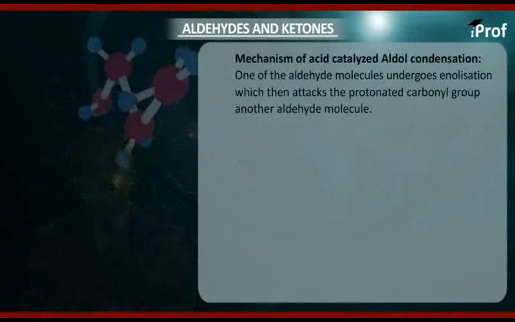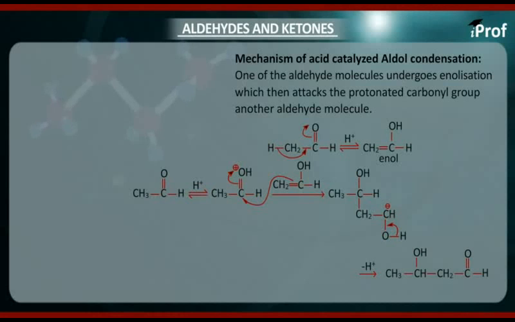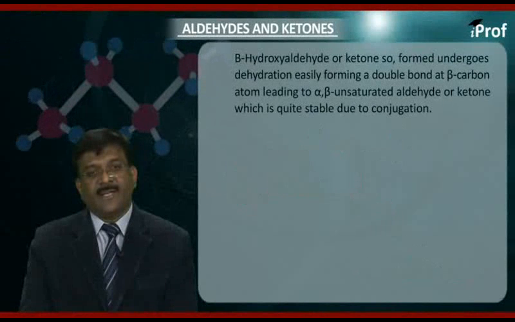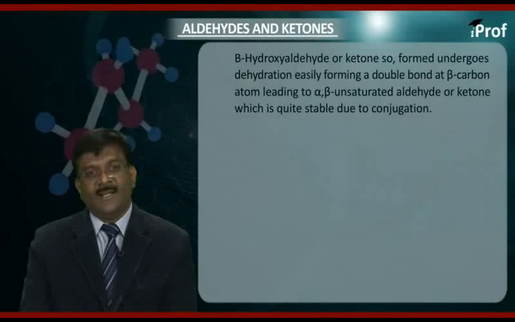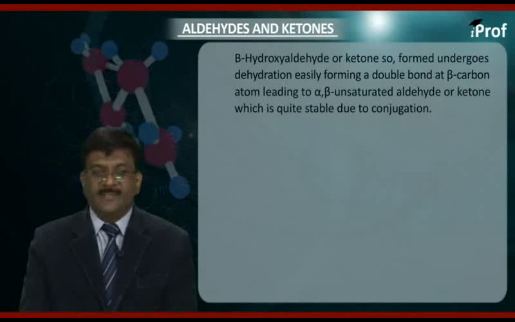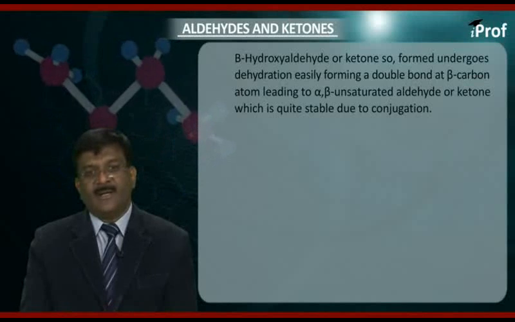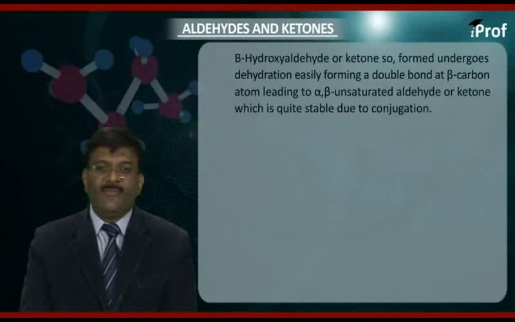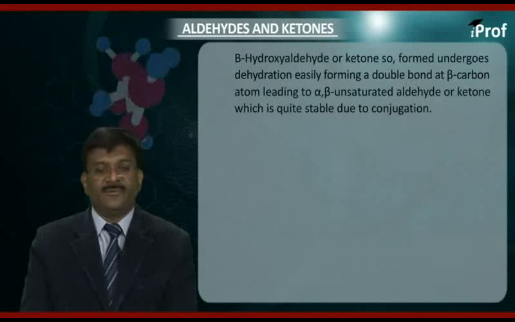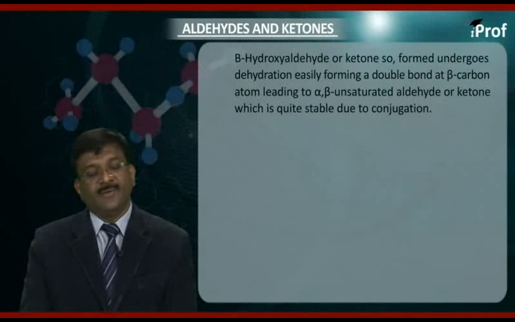Next, the mechanism of acid catalyzed aldol condensation. One of the aldehyde molecules undergoes enolization, which then attack the protonated carbonyl group of another aldehyde molecules. Beta hydroxyaldehyde or ketone so formed undergoes dehydration very easily, forming a double bond at beta carbon atom, leading to alpha beta unsaturated aldehyde or ketones, which is quite stable due to conjugation.